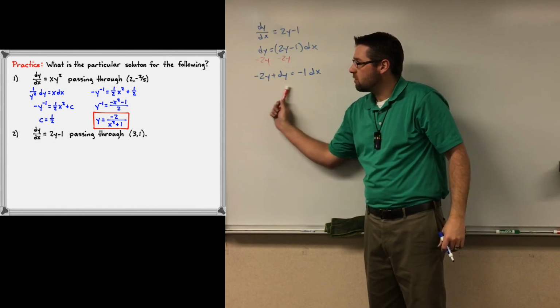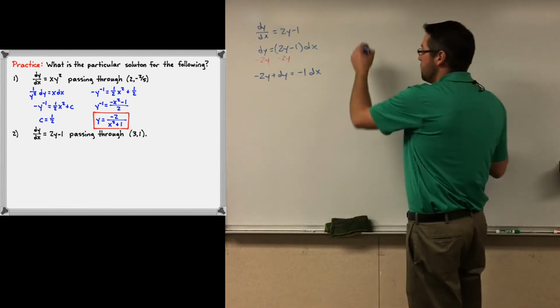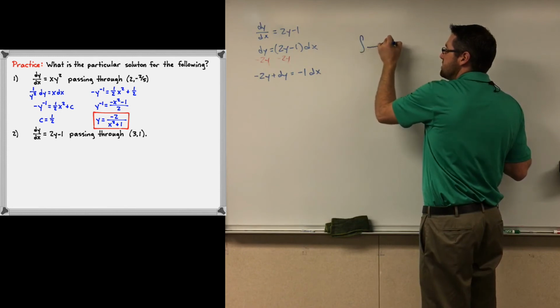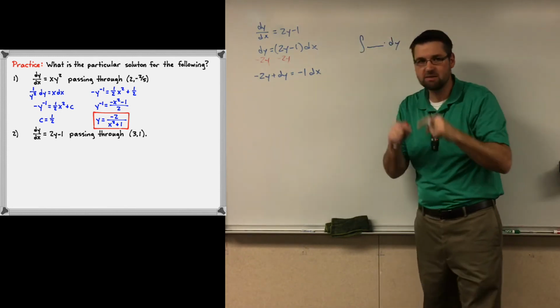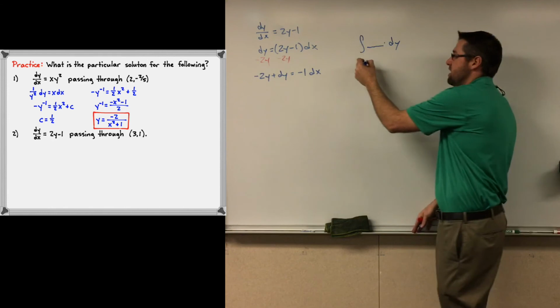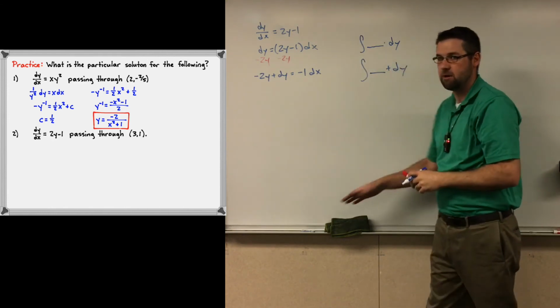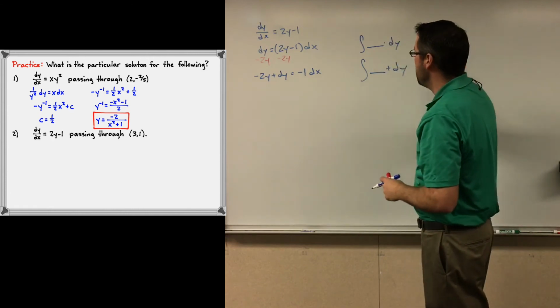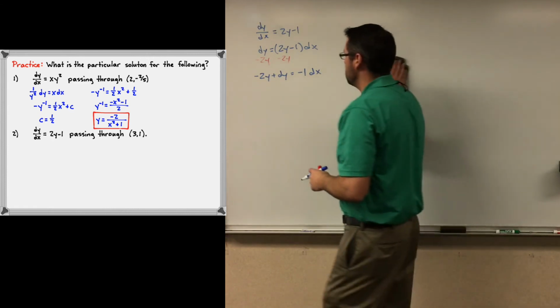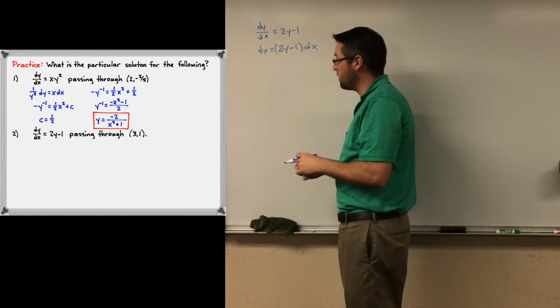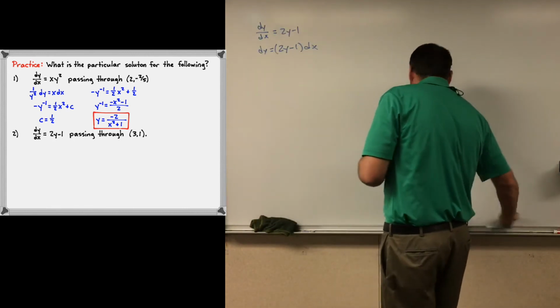How do we always see an integral? It's always the integral of something times dy. It cannot be the integral of something plus dy. It's impossible to do it that way. Does that make sense? So when you separate, make sure it's this times something. So what would I do to get that times something?